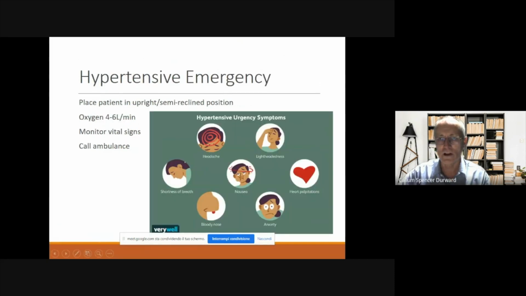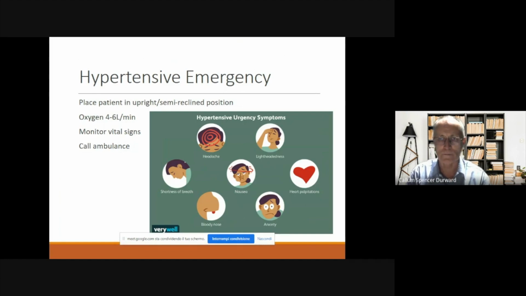In the event of a hypertensive emergency, we should place the patient in an upright or semi-reclined position, give oxygen, monitor their vital signs, and call an ambulance.